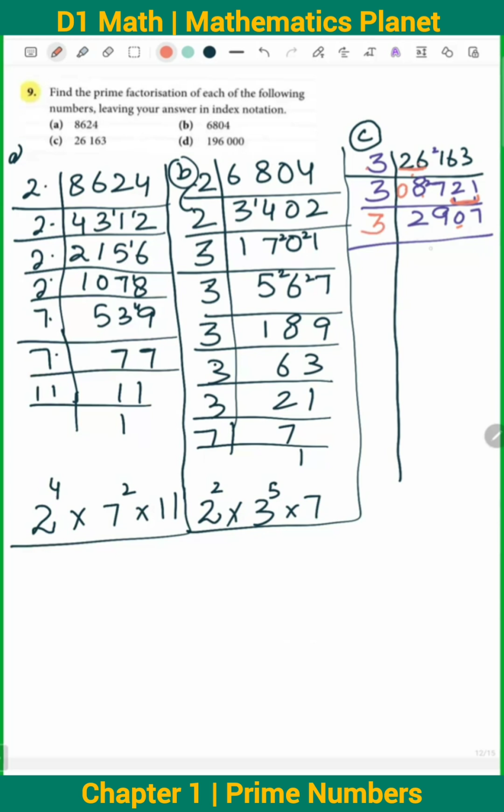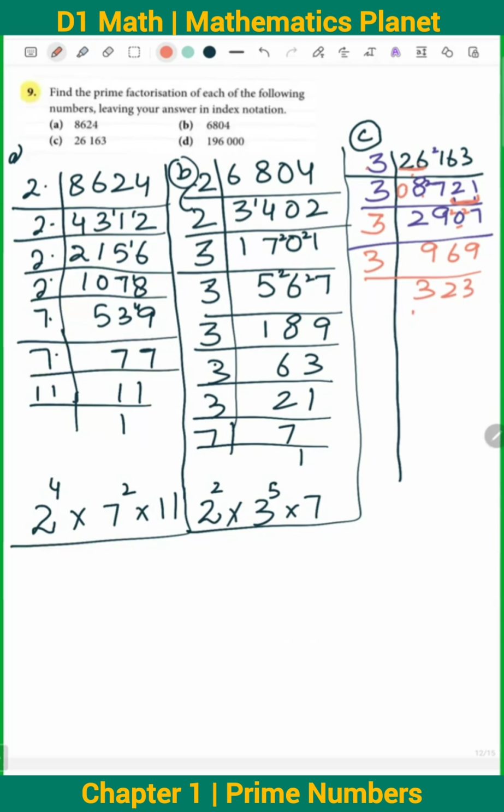Okay. 3 times 8 is 24, 9 is 27, 2 carry. 3 times 6 is 18, 19, 22 carry. 5 is, 9 is 27 again. And 3 times 3 is 9, 2 is 6, 3 is 9. Now it is 323.